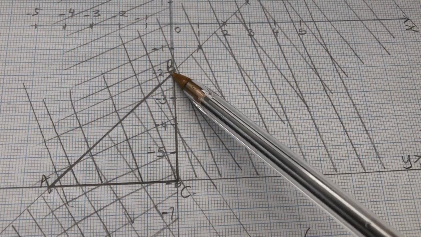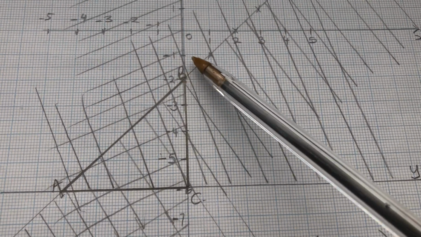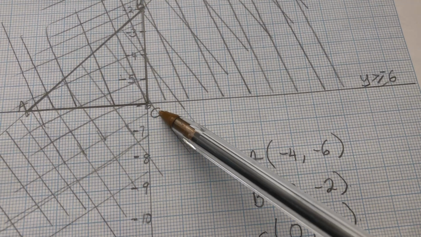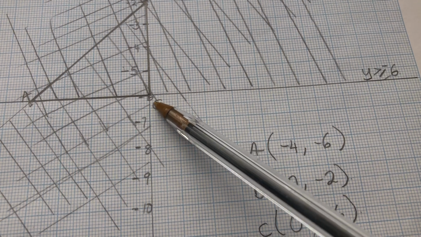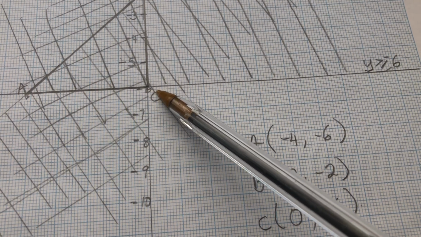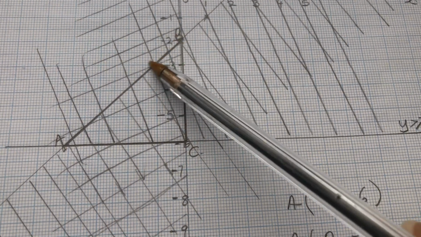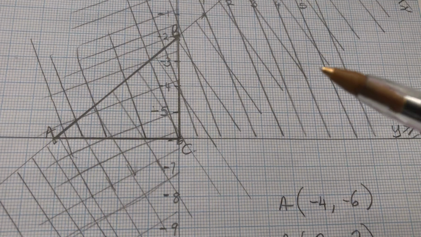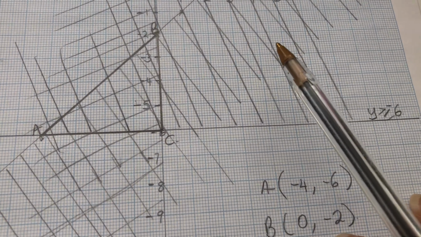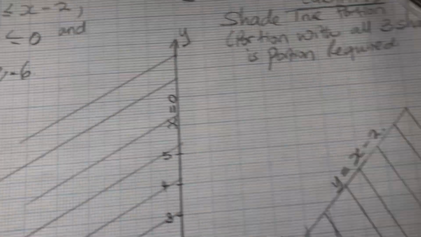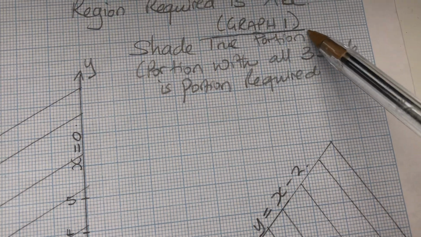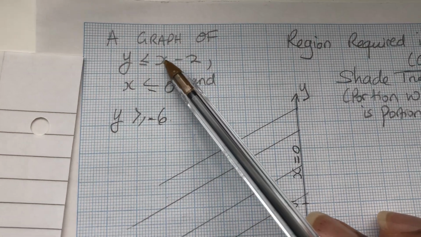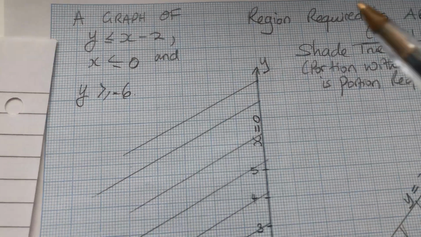B here, as you can see, is 0 and -2. C here is 0 and -6. Okay, so this is the portion you need. But I had to draw two graphs. So this is graph 1. So the region required is ABC.